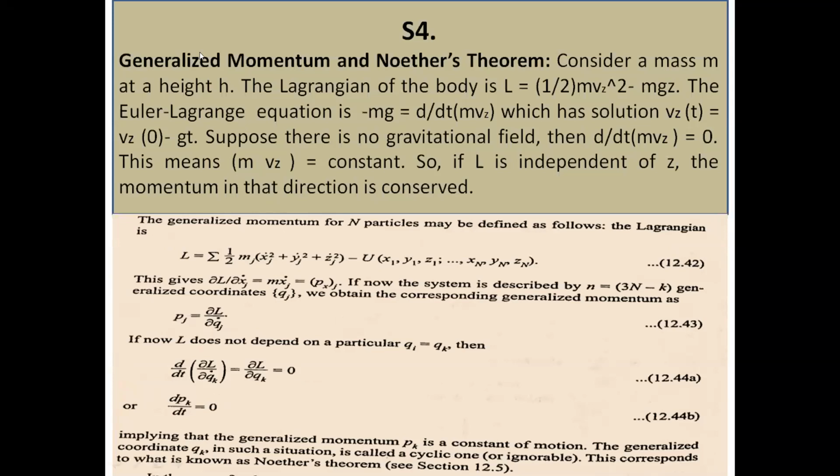I have taken an example first. I have a mass at a height h, and suppose the height is taken as the z direction. So the Lagrangian of the body will be kinetic energy minus potential energy.